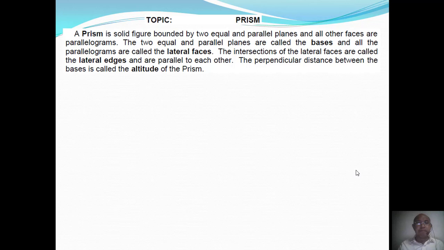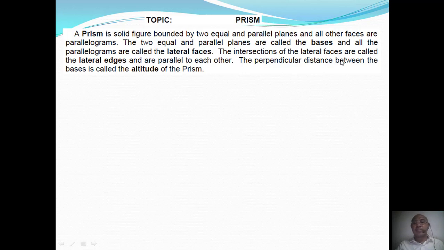So a prism is a solid figure bounded by two equal and parallel planes, and all other faces are parallelograms. The two equal and parallel planes are called the bases, and all the parallelograms are called the lateral faces.